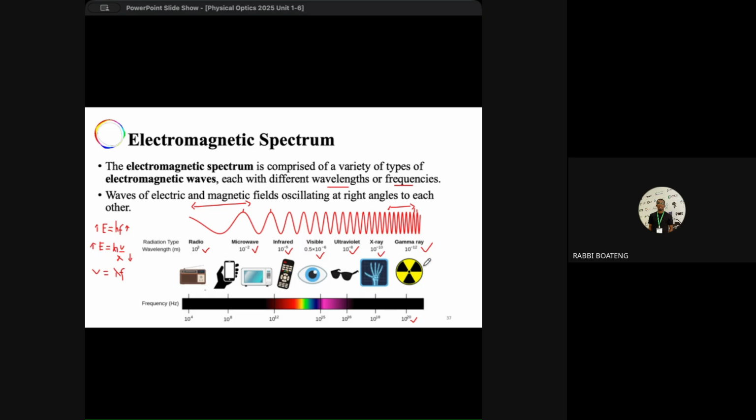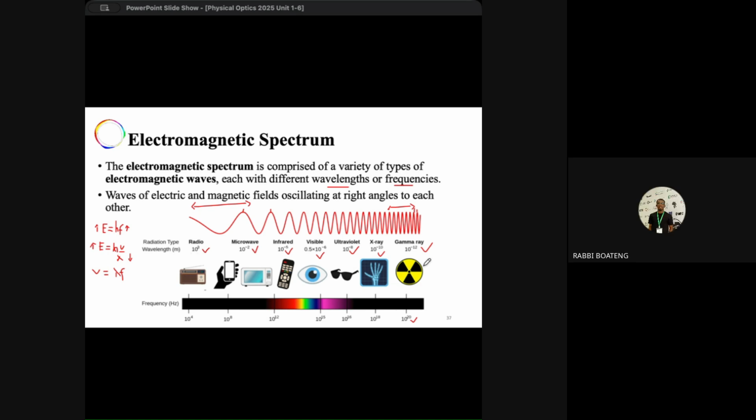And if energy is high, it means wavelength is going to be low. And I said we don't say low, we say what? Short. So it has a high energy and a shorter wavelength. Is it confusing? Or we understand? So let me repeat it again.